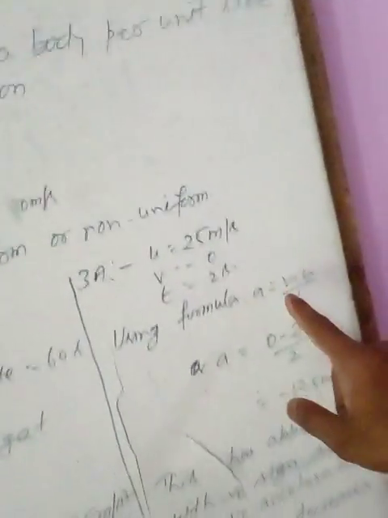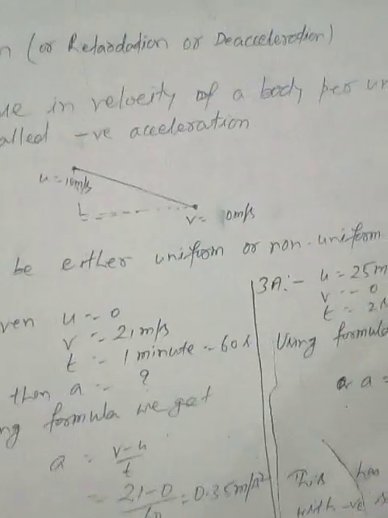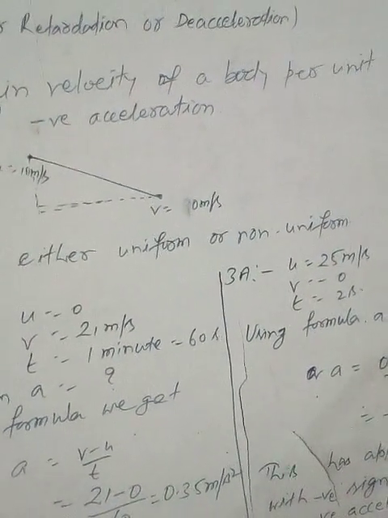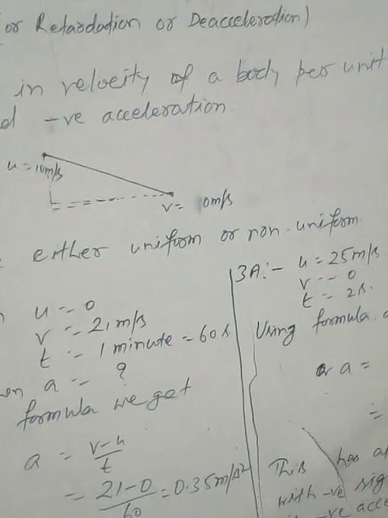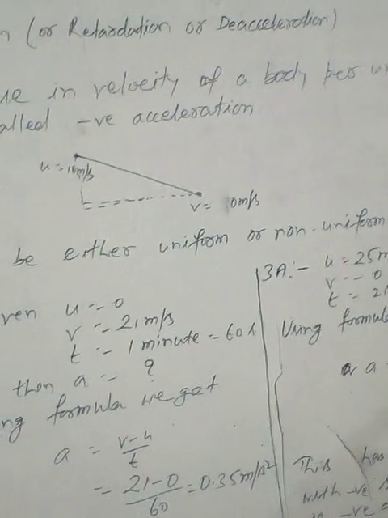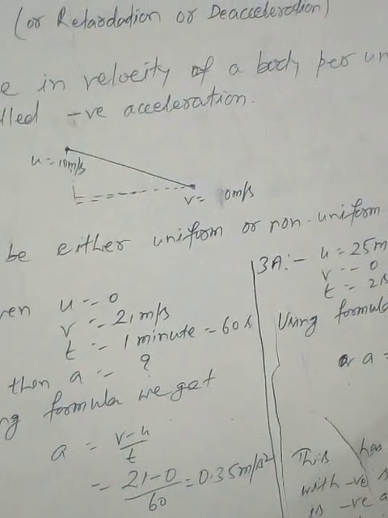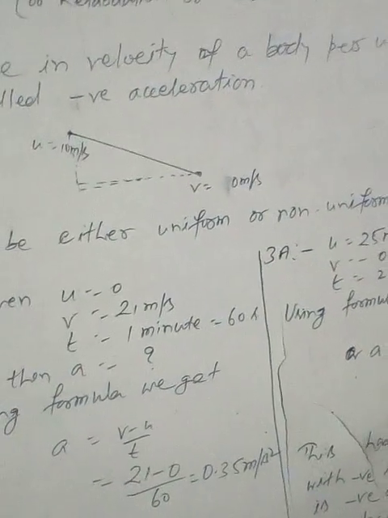So simple. Just you have to apply the formula. You have to be careful that here u is 25 and v is 0. Some students, when they see that this number is greater, write this number first, as the final velocity. No, you have not to write like this.